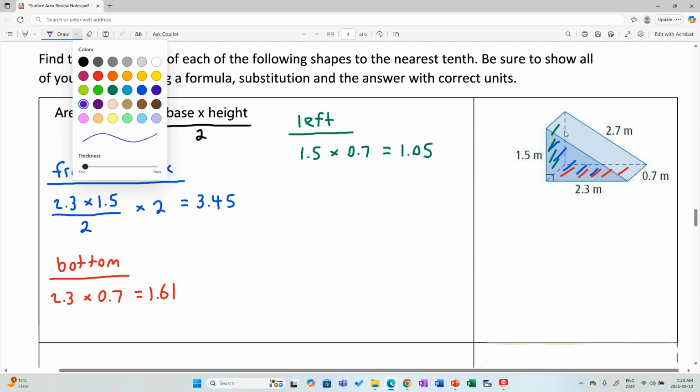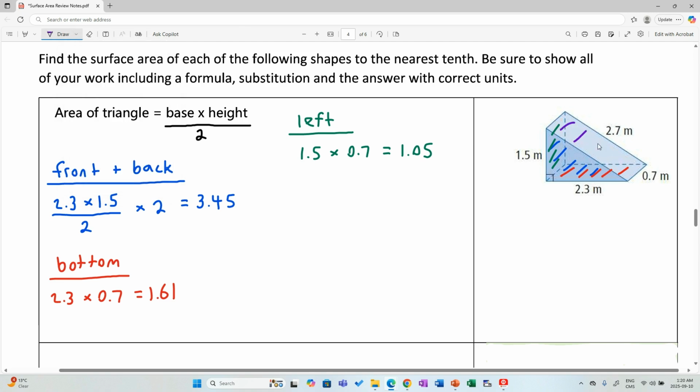It's kind of slanted, but I'm just going to call it the right side in this case. And in this case, I have 2.7 multiplied by 0.7. So 2.7 times 0.7 is 1.89.